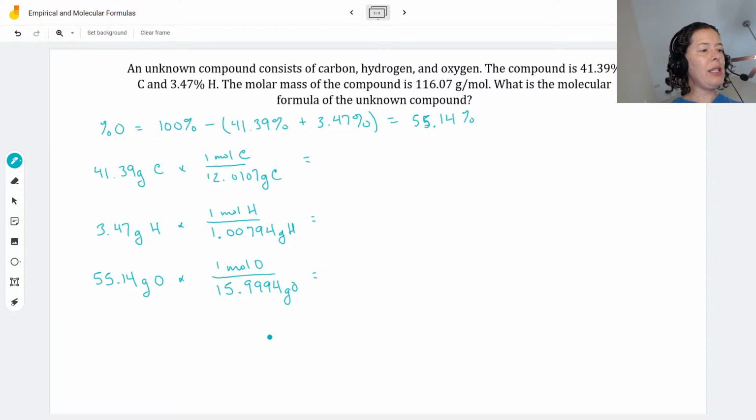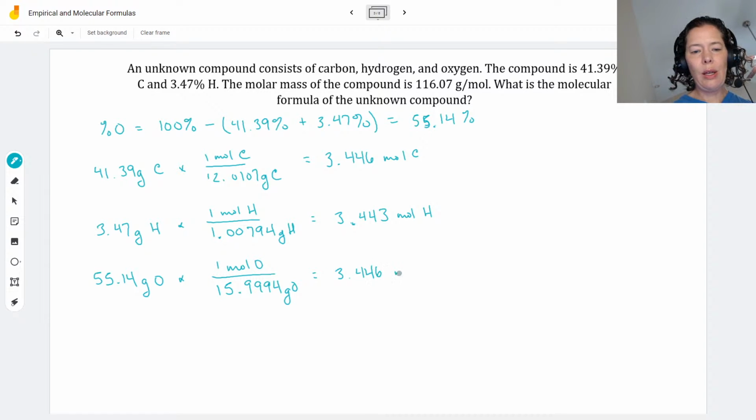So if you plug this into your calculator, you are going to get 3.446 moles of carbon, 3.443 moles of hydrogen, and 3.446 moles of oxygen.